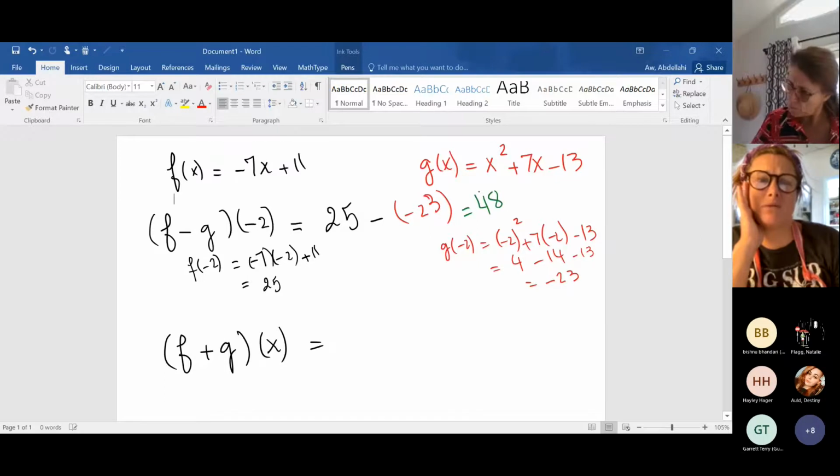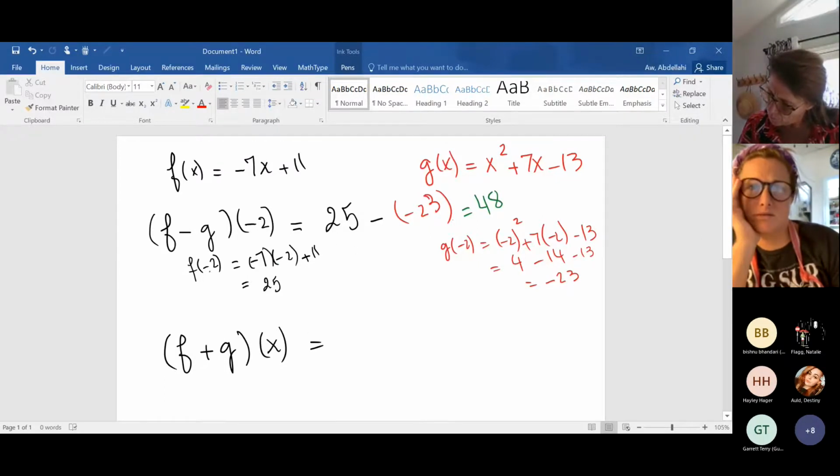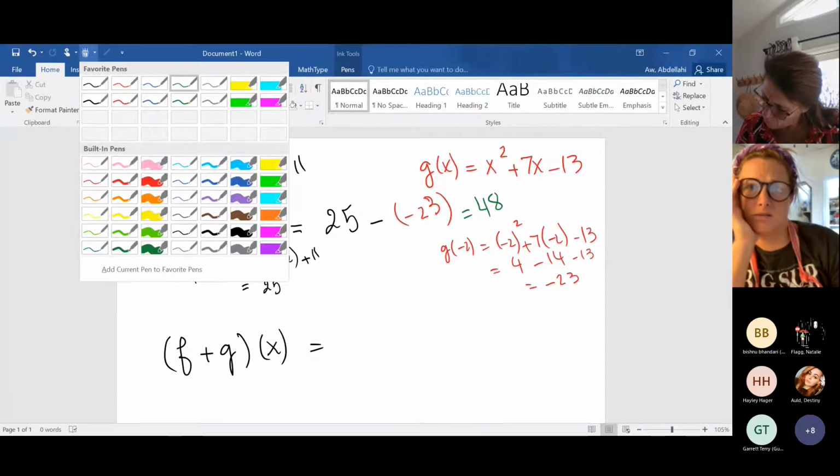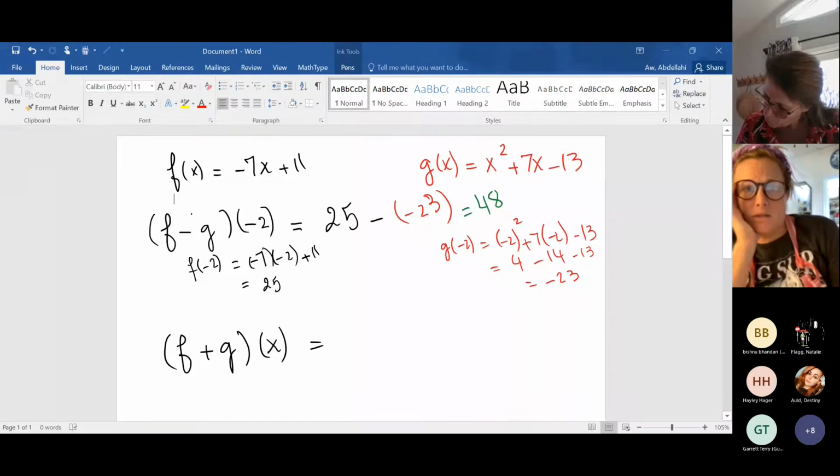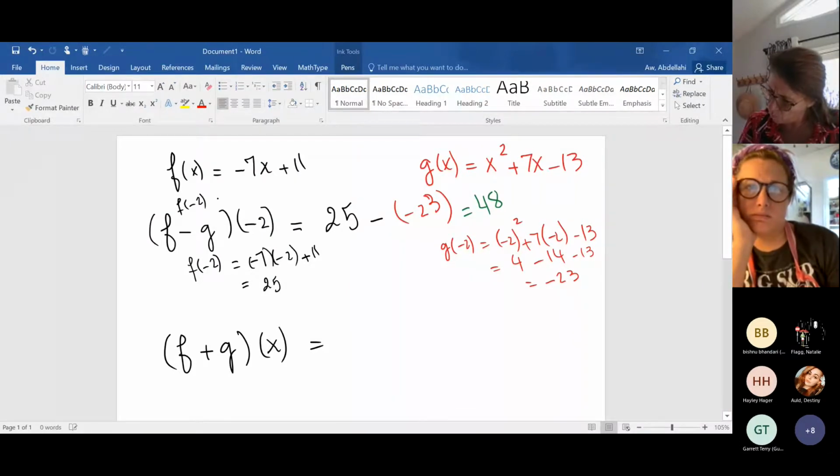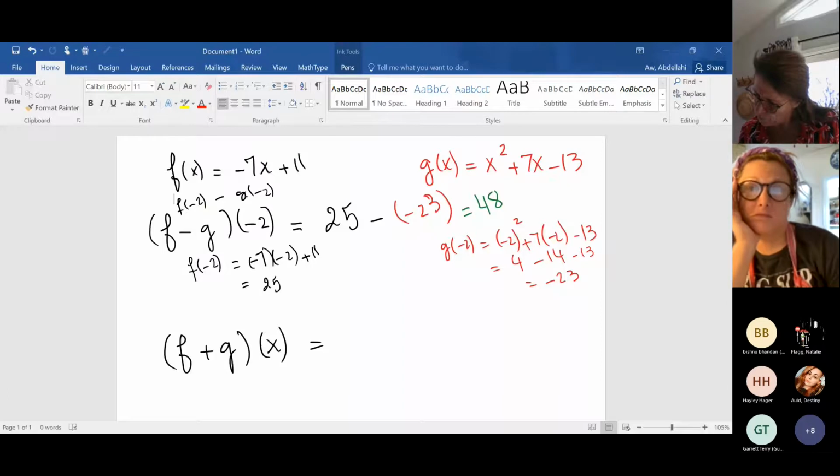Wait, where did the 25 come from? The 25 is the one we got with f of -2. Because the formula says f of -2 minus g of -2, right? So what we do here is two independent actions.